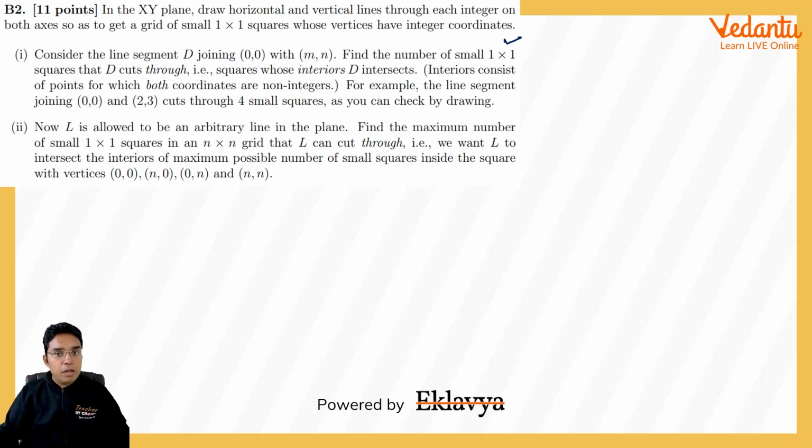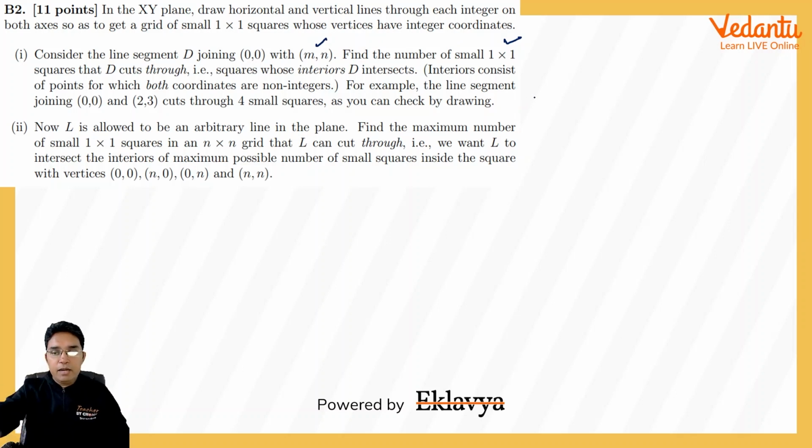Find the number of small 1 into 1 squares that D cuts through, that is squares whose interiors D intersects. Interior consists of points for which both coordinates are non-integers. For example, the line segment joining 0, 0 and 2, 3 cuts through 4 small squares, that can be checked using drawing. So let us try to see what will be the number for any general m, n.